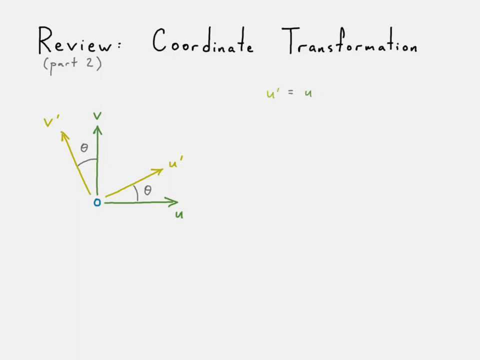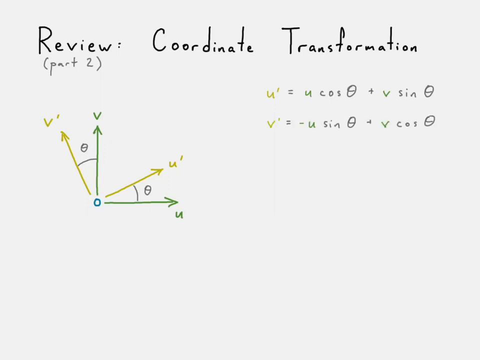And so we can make a relationship between that transformed coordinate system and the global coordinate system as follows. For example, that U prime would be a combination of U times cosine theta plus V times sine theta.